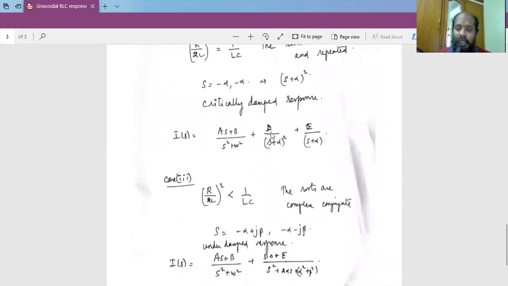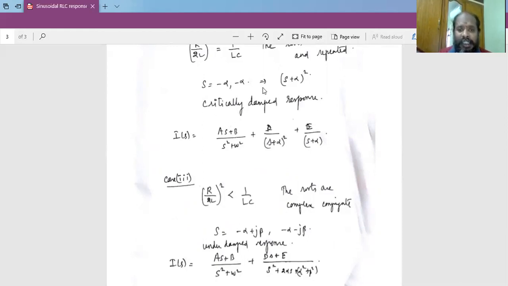The first factor, residue divided by s plus alpha, second factor divided by s plus alpha the whole square. That is possible, or you can take it as what I have written. First residue divided by s plus alpha the whole square plus second factor divided by s plus alpha. And this is already available as it is because it's a complex conjugate term, As plus b by s square plus omega square will remain as it is.